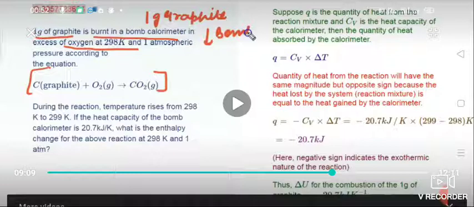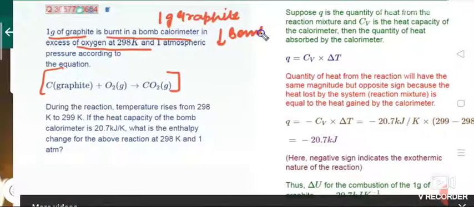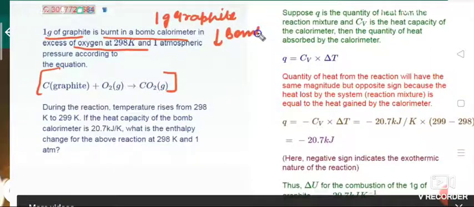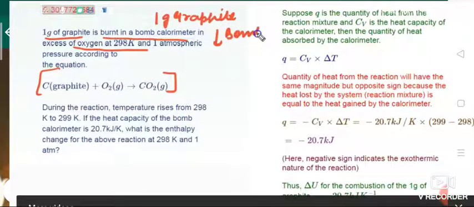When you measure the change in enthalpy, it equals the sum of enthalpies of products minus the sum of enthalpies of reactants. That is the measurement of delta H.